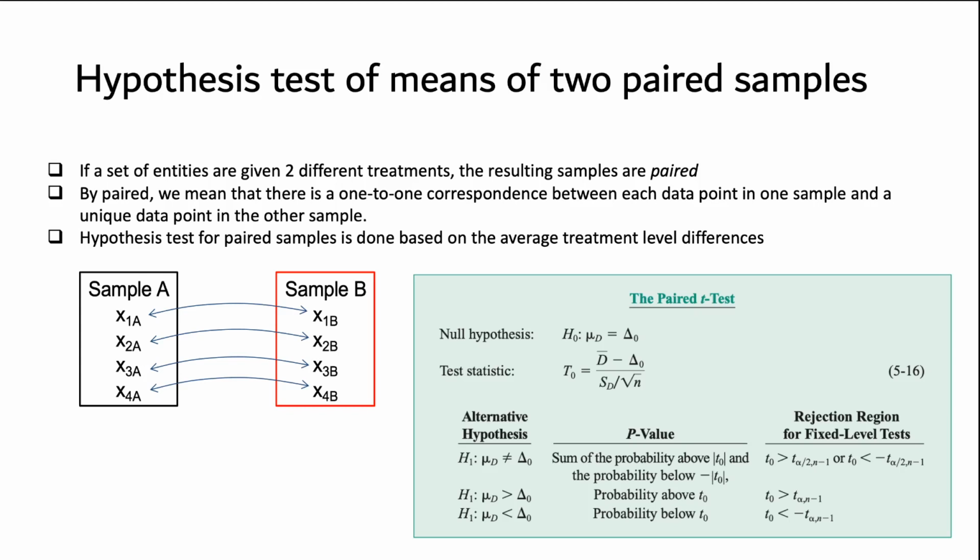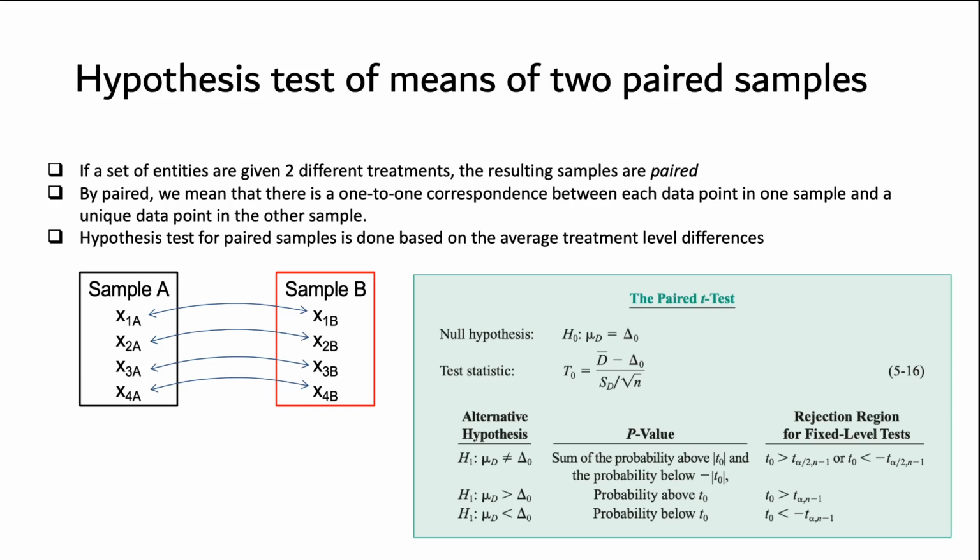The hypothesis test for paired samples is done based on the average treatment level differences. The null hypothesis for the paired t-test can be written as H0: mu d equal to delta 0.